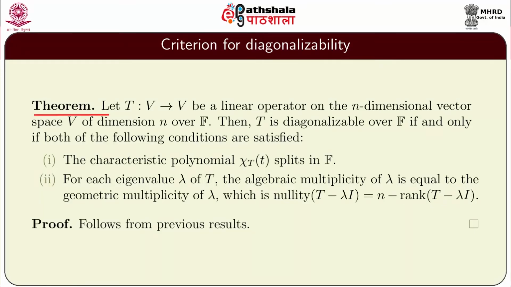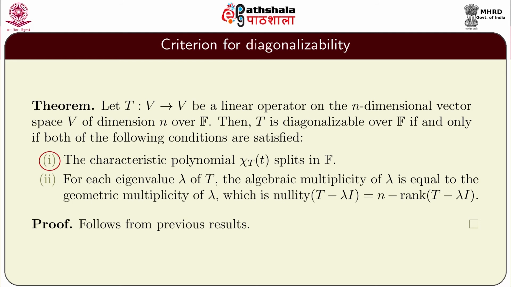This theorem tells us about the same criteria for diagonalizability, but written in a slightly different form. So, let T from V to V be a linear operator on the n-dimensional vector space V over F, then T is diagonalizable over F if and only if both of the following conditions are satisfied.